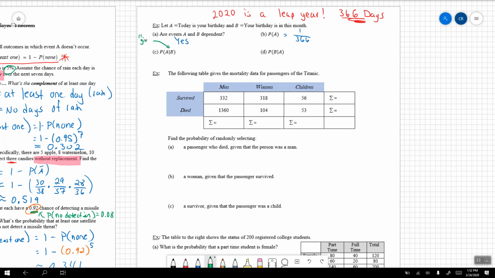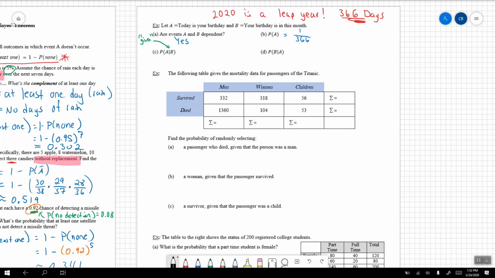This vertical bar means given. So this probability would read as the probability of A given B. Verbally, we're looking at the probability that event A, which today is your birthday, happens given that your birthday is in this month.